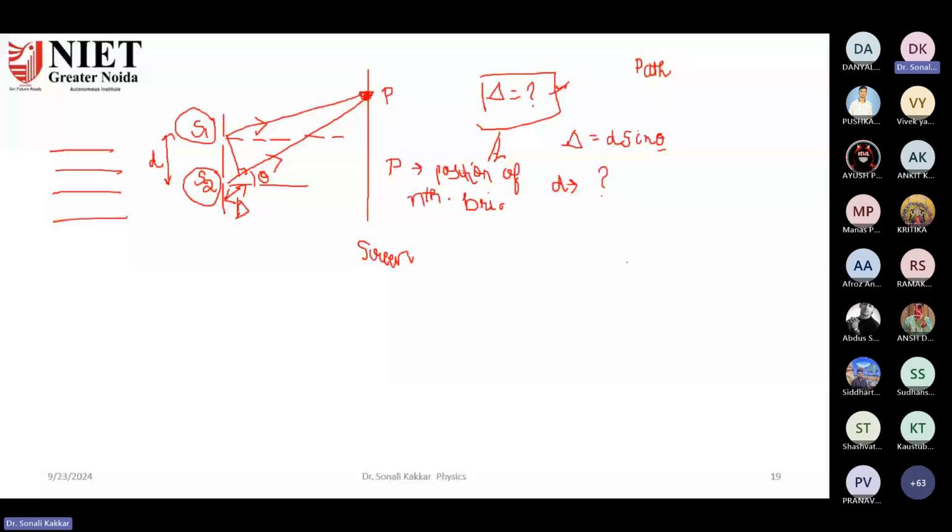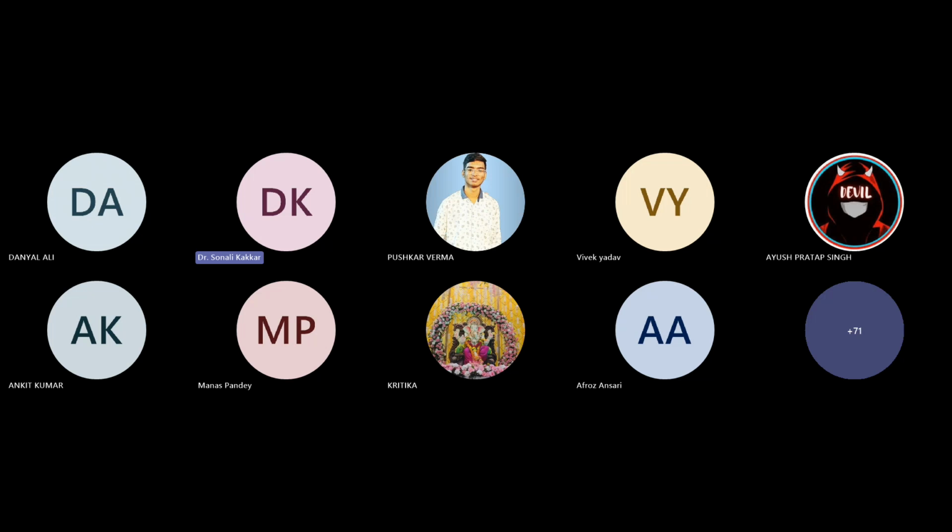Okay, so you write fringe width beta is equal to lambda into capital D divided by small d.